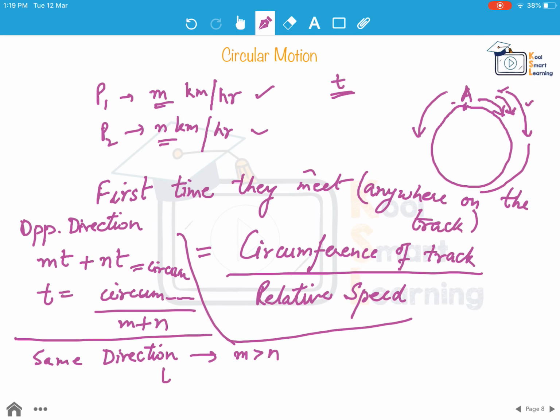So in time t at which they meet, the distance traveled by this person P1 will be mt, and nt the distance traveled by P2, and that difference will be equal to the circumference. Right? Because the first person, who is moving at a higher speed, has already covered one more round.